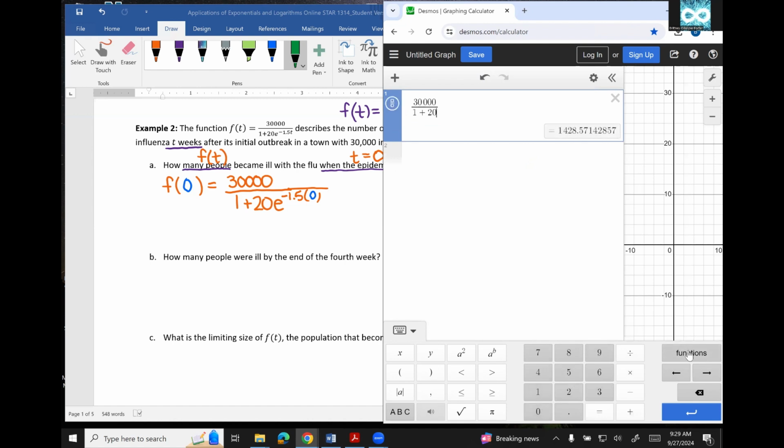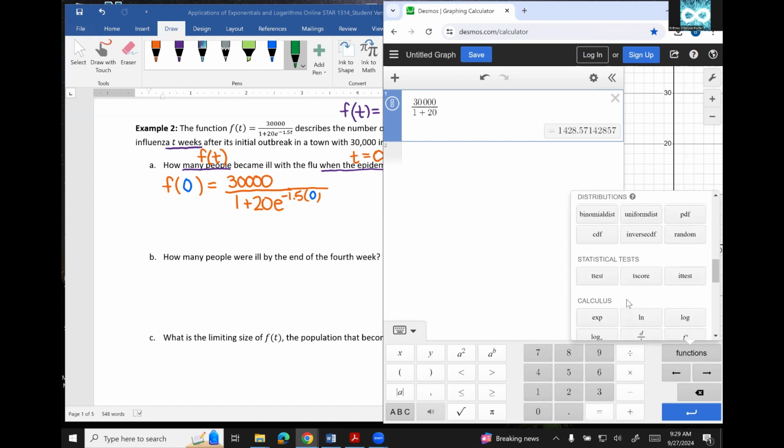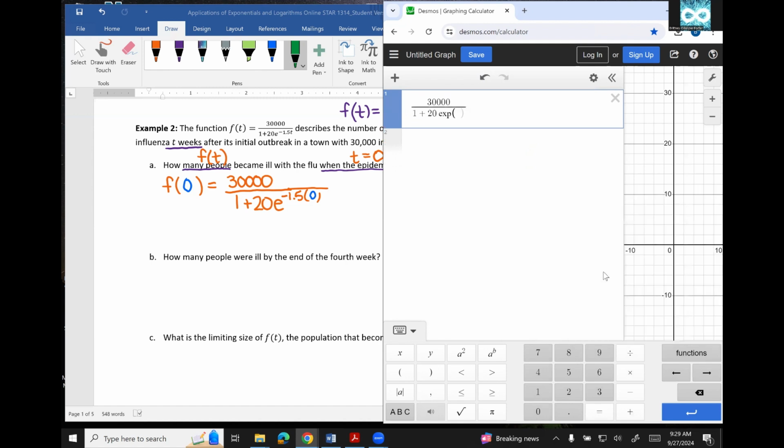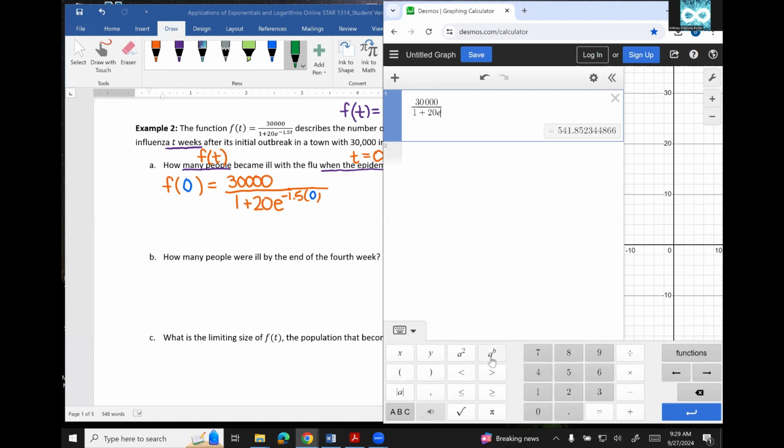And then you can look in your functions button, scroll down to calculus for your exponential, or you could go to your ABC and find E, and we need E to the negative 1.5 times 0.